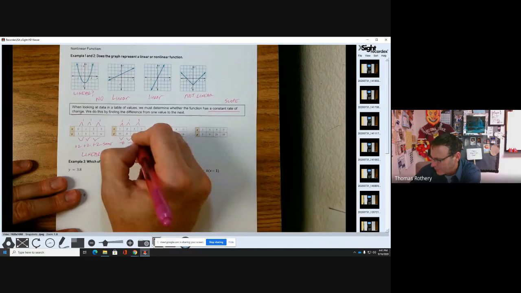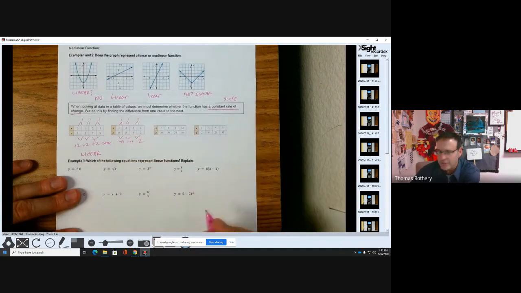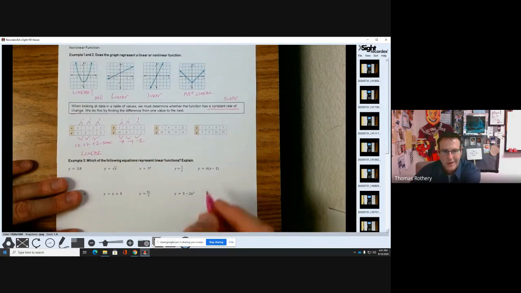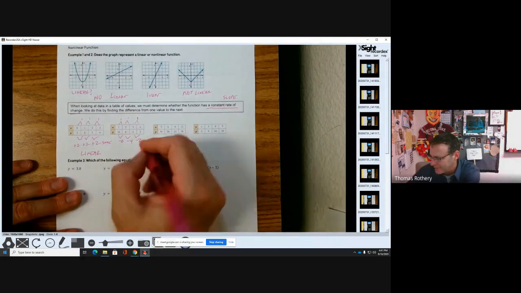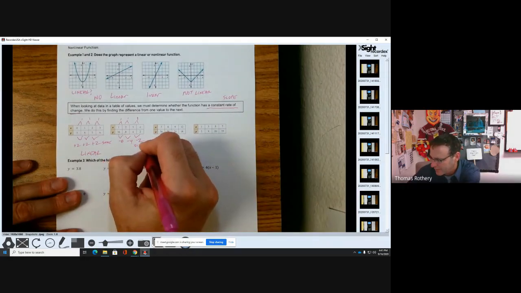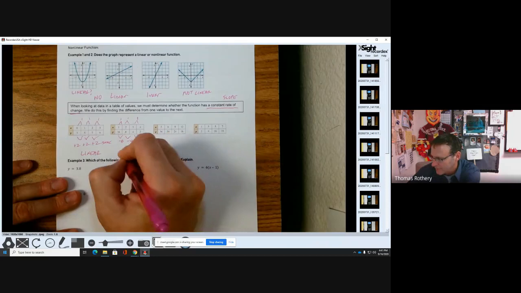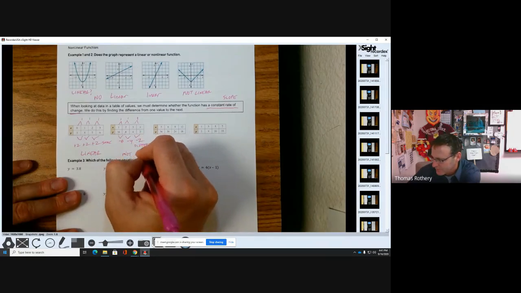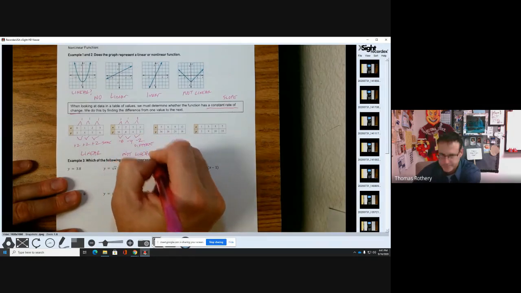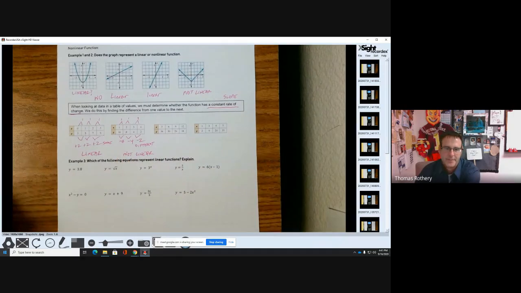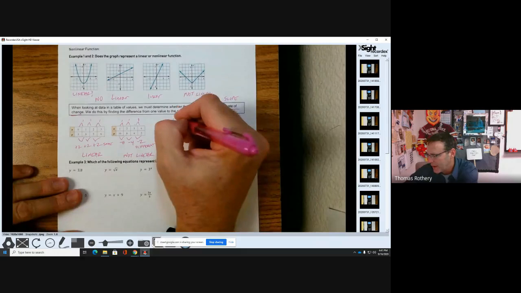And what are we doing from 4 to get to 2? I'm subtracting 2. Okay. And so what does that mean? Well, these are all different. Okay, so these are not linear. Okay. Easy.